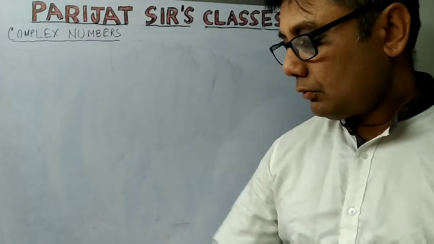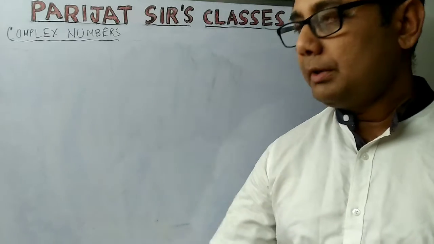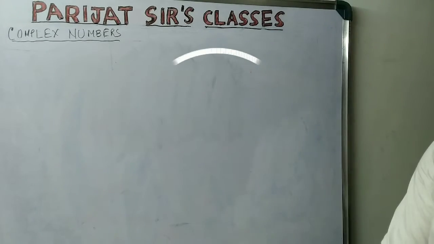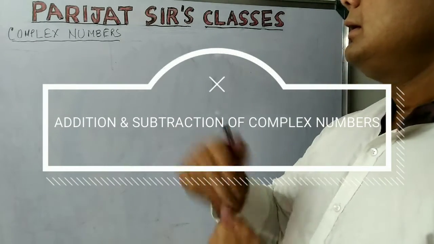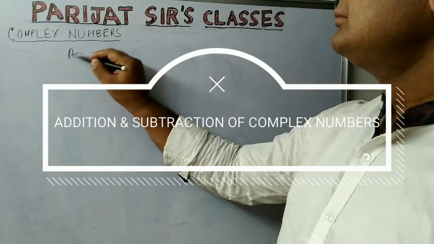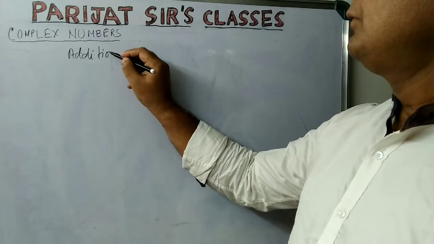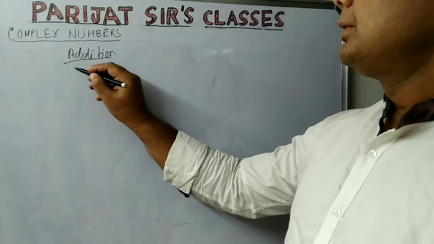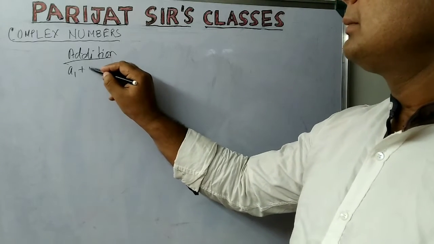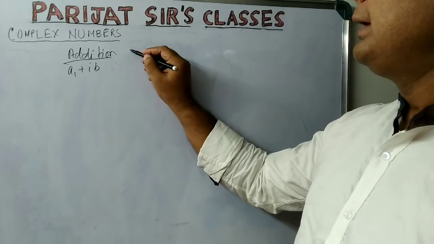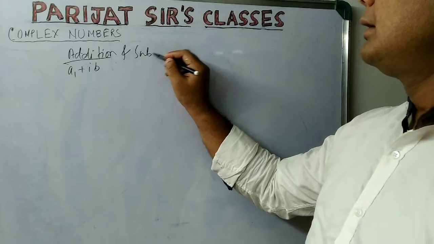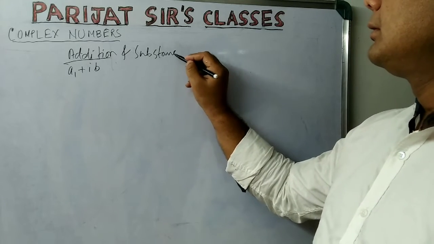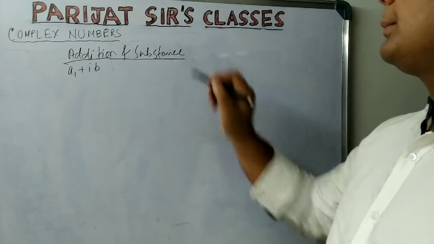With complex numbers, we will have certain applications. Number one is addition, so addition of complex numbers. How to add complex numbers? I'm showing you addition and subtraction together because it is the same thing.